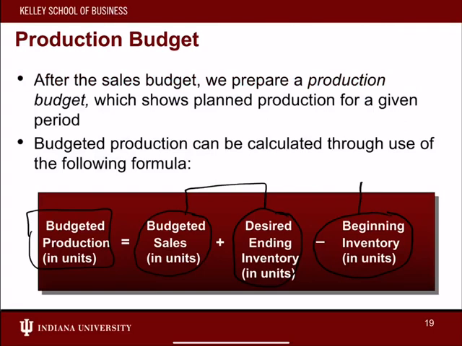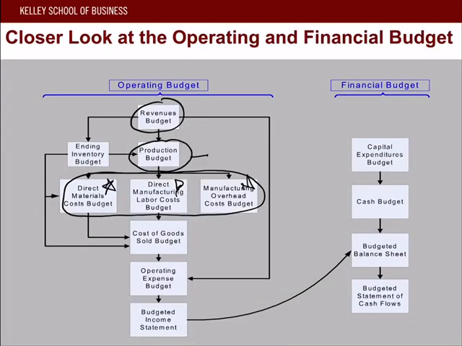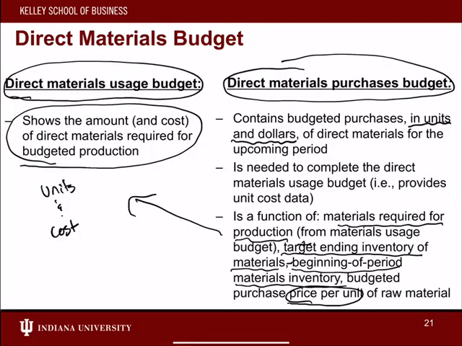So let's go back a couple slides. It's going to be essentially this same formula here, except instead of in total units, it's going to be the direct material units. So pretty straightforward.